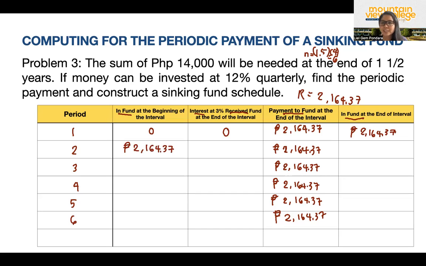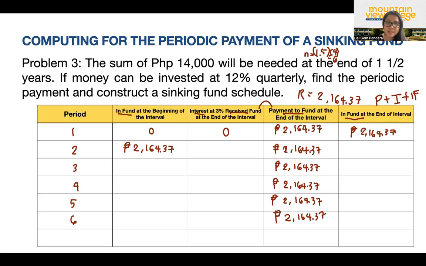If in the amortization schedule, your repayment of principal is subtracted, the difference of the payment and the interest. Here it's different. The in fund at the end of the interval is the sum of the payment plus the interest. So these two, you add them, you'll get the total fund. The payment, the interest plus the in fund.